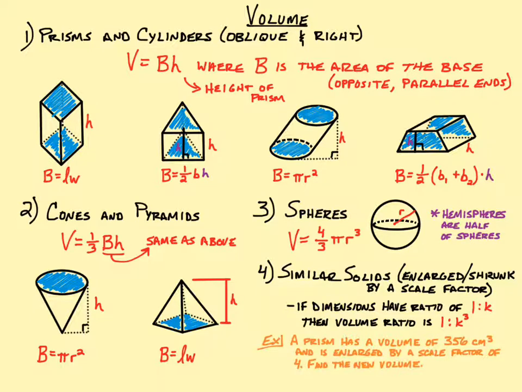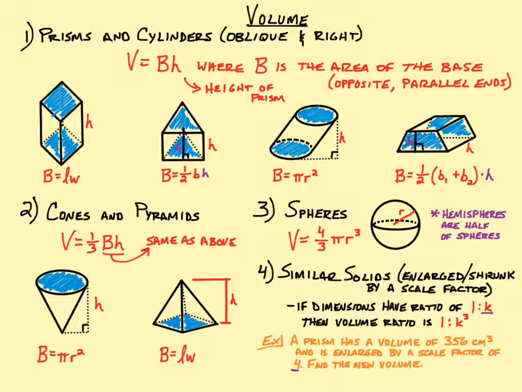Okay, so what we know is 4 is that scale factor, and that represents the k in the dimensions. If we look at our original prism and consider our beginning dimensions, we consider those dimensions a value of 1 for each one.